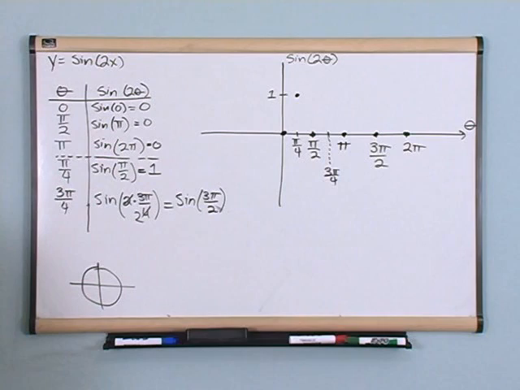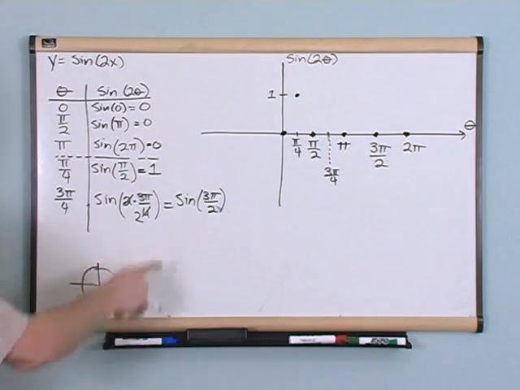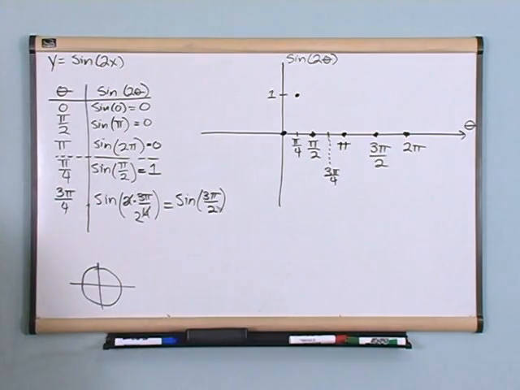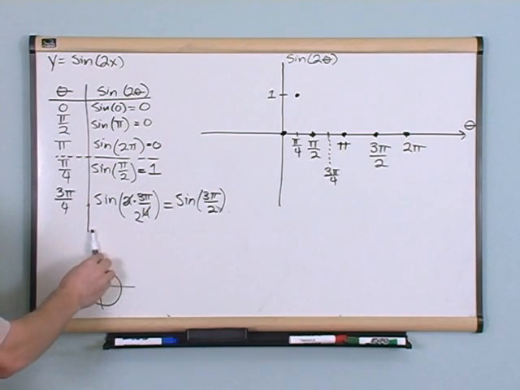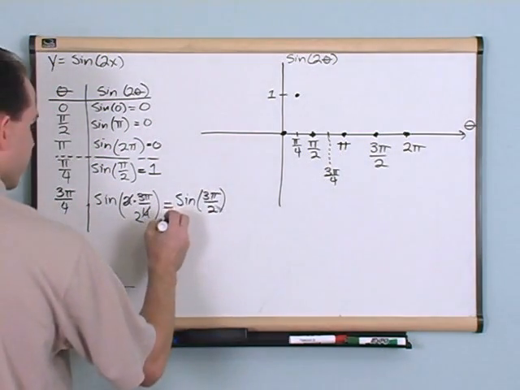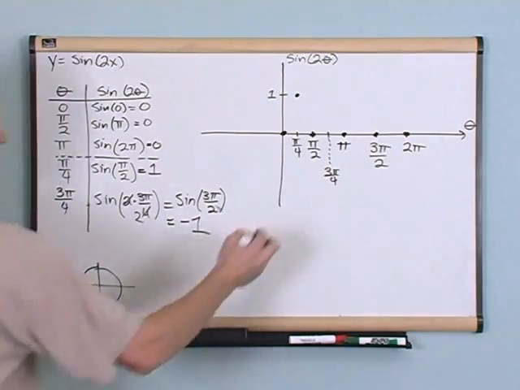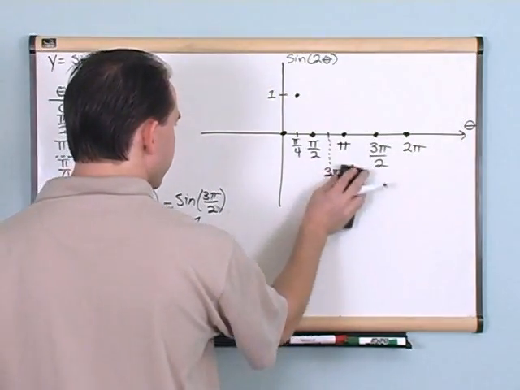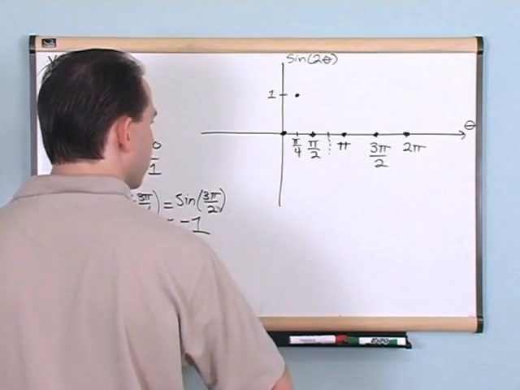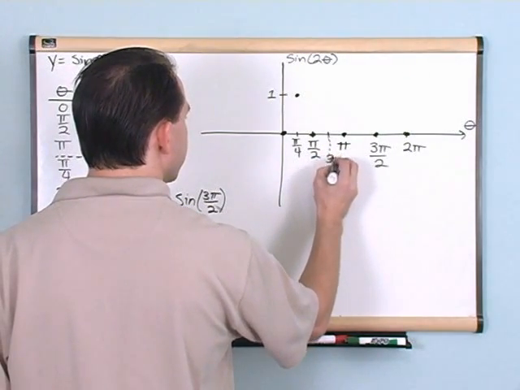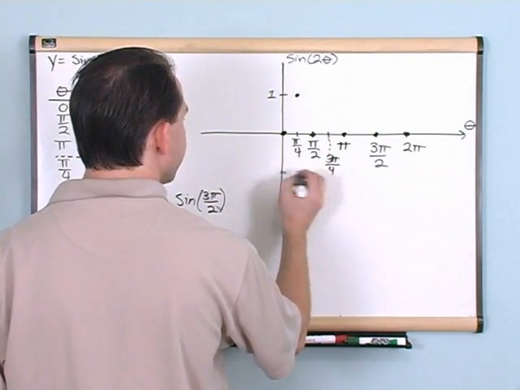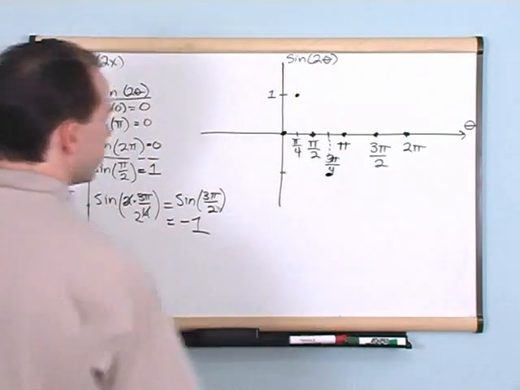So what I need to evaluate is sine of 3 pi over 2. Here I've got pi over 2, 2 pi over 2, 3 pi over 2. So that's just negative 1. So at 3 pi over 4, I've got a value of negative 1.